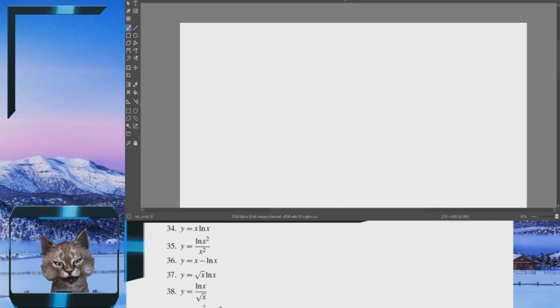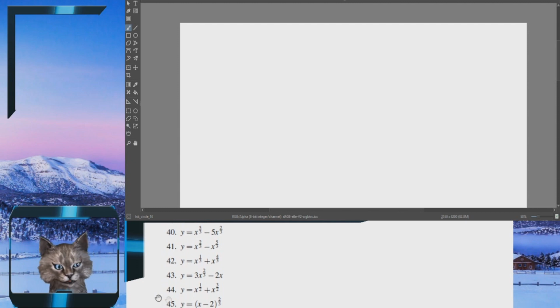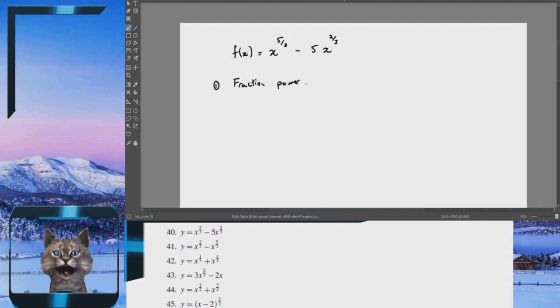Alright, the last question we're going to do is number 40, which is my function. Let's call it f, x to the 5/3 minus 5x to the 2/3. So I'll call this function type fraction powers of x.